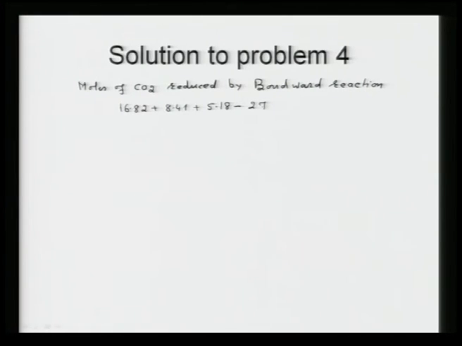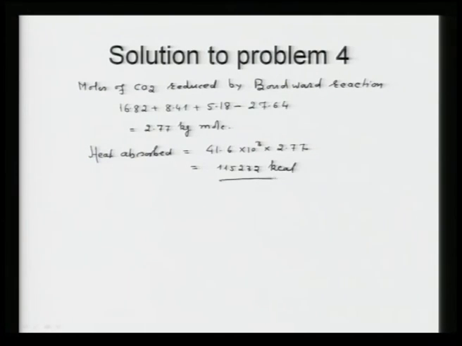Minus 27.64. So, that will be equal to 2.77 kg mole. Then heat absorbed will be equal to 41.6 into 10 to the power 3 into 2.77, that is equal to 115,232 kilocalorie. So, you see a substantial amount of heat is absorbed by the Boudouard reaction.